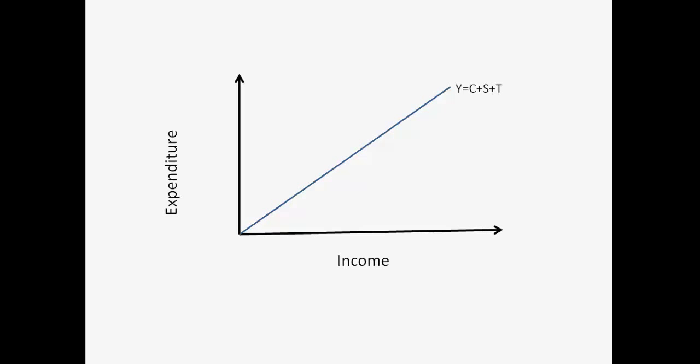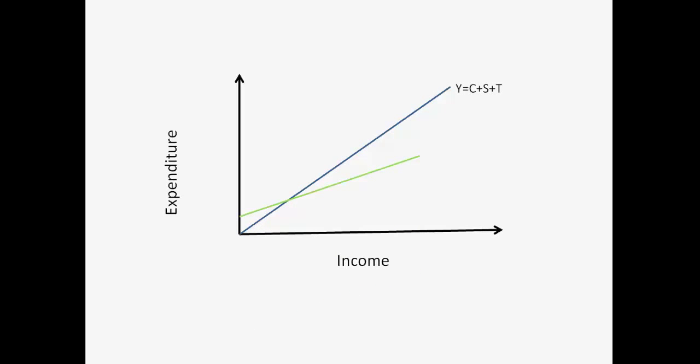So this is the aggregate income curve, which is equal to consumption plus savings plus taxes. Now in order to get the aggregate demand curve, which is equal to consumption plus investment plus government expenditure plus the net effect of exports and imports, we need to get all these curves and then summate them to get the aggregate demand curve.